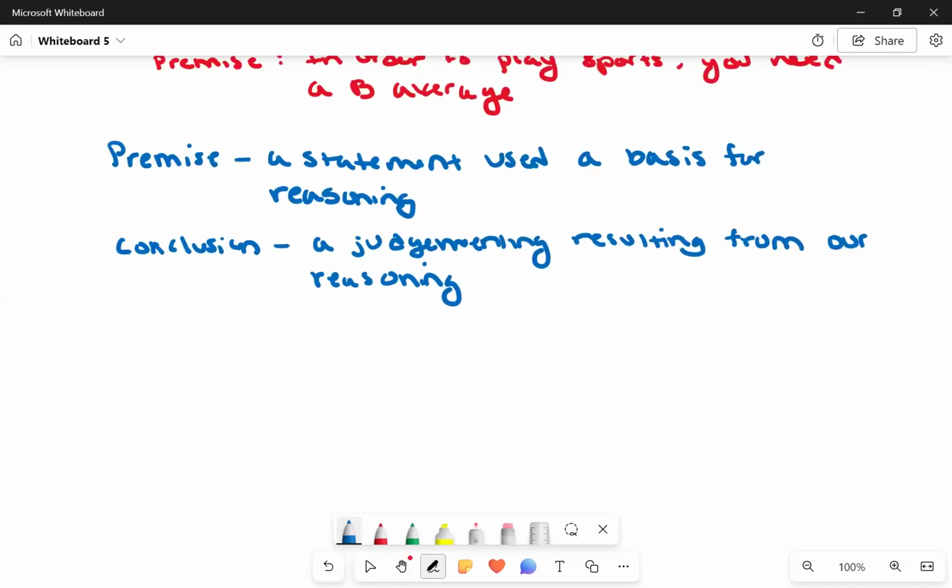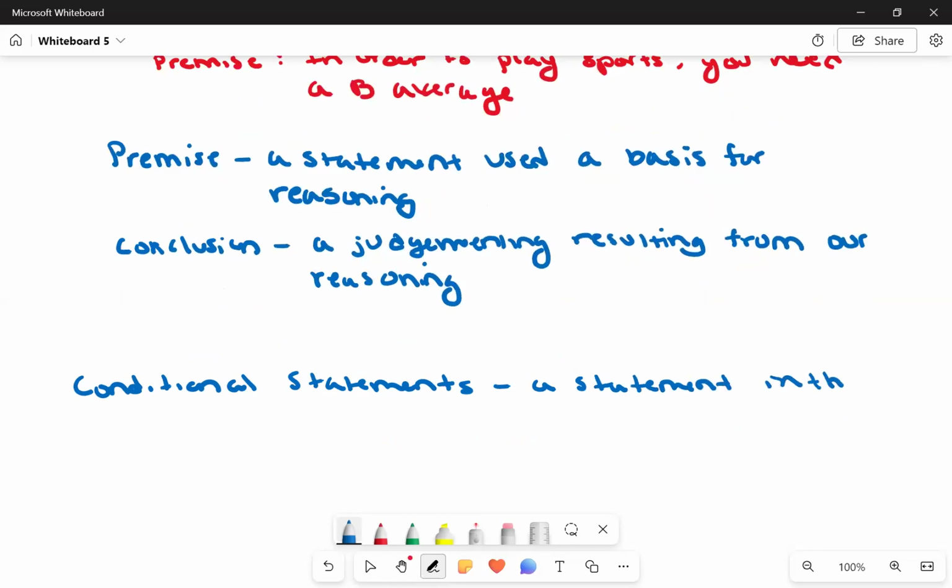Conditional statements, and we kind of have seen it already. Conditional statements is a statement in the form of if then. So if something happens, then this will occur.